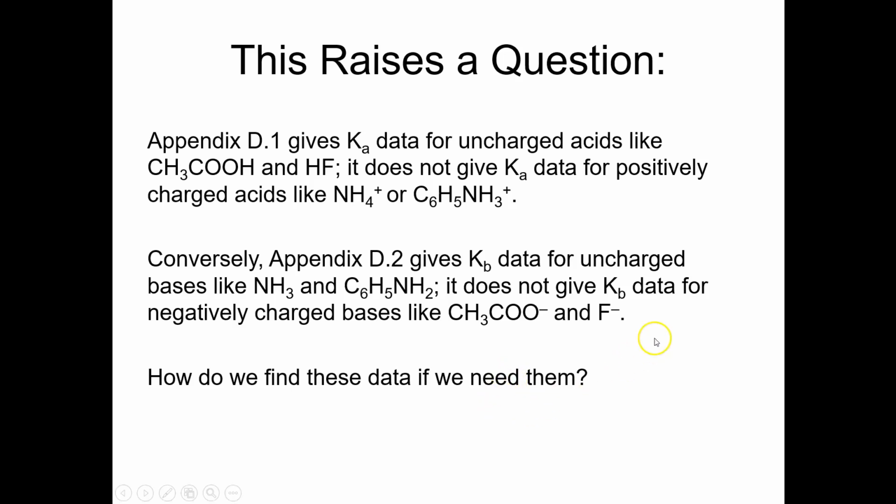If I need to know the Kb of fluoride, where is that information? It's not directly in Appendix D. If I need to know the Ka of ammonium, it's not directly given in Appendix D.